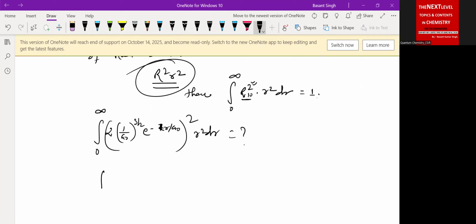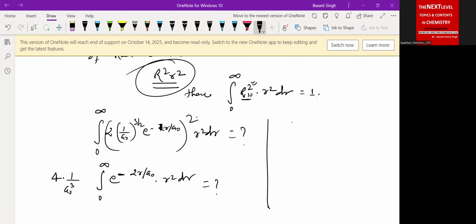So by squaring, this becomes 4 times 1 by a naught cube, and then e to the power minus 2r by a naught and r square dr. This is equal to what?